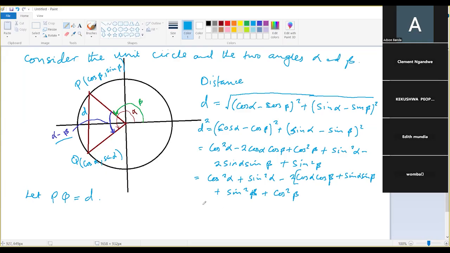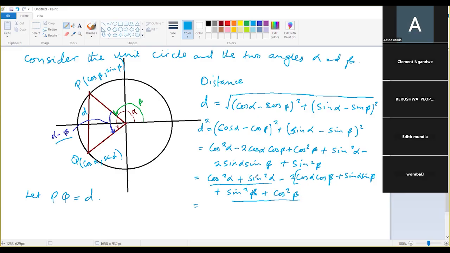Right, so of course, we've done this so that we can actually look at the common identity. So in this case, we see that this is an identity. So cos squared alpha plus sine squared alpha is equal to 1. And then also sine squared beta plus cos squared beta is equal to 1.